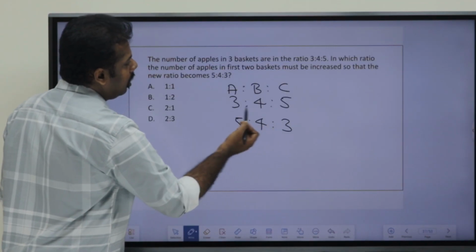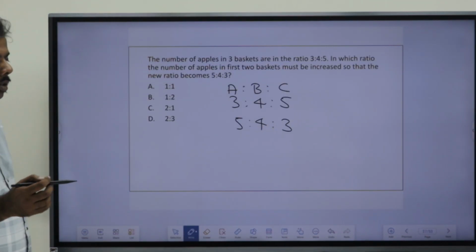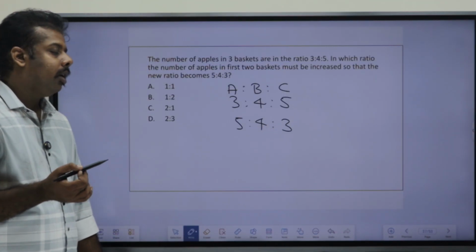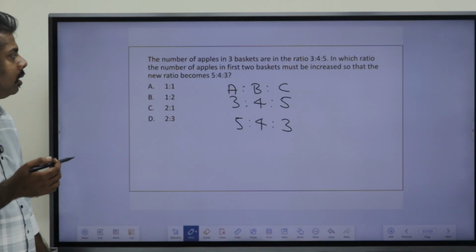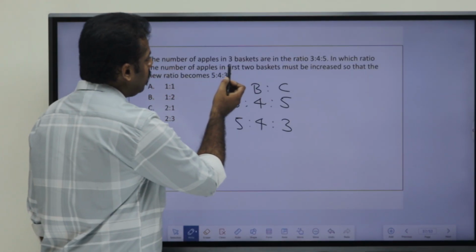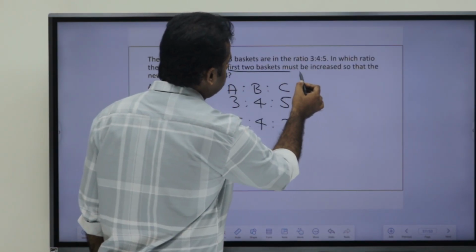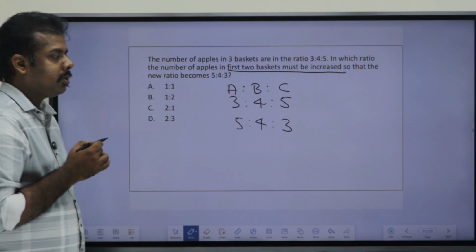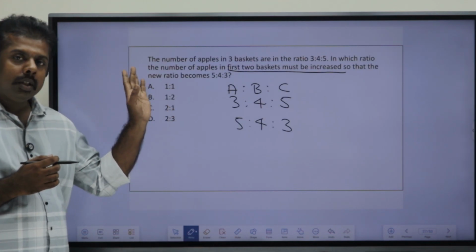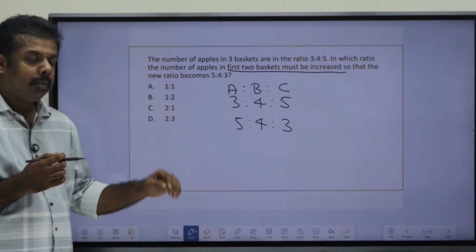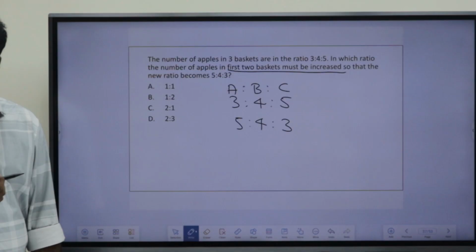Now, if we read the second sentence a bit more carefully, they have told that the number of apples must be increased in the first 2 baskets. So they have stressed that in the second condition, the number of apples is increased only in the first and the second basket.